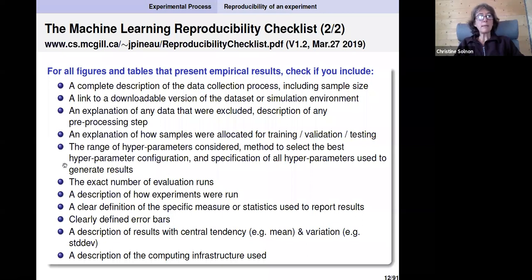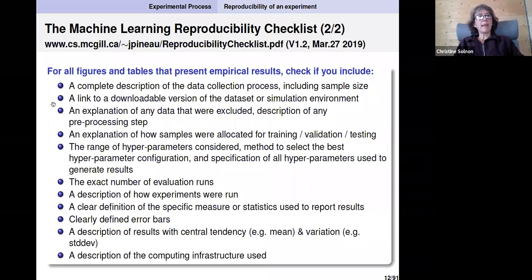Now, the next point is very important. You must explain how you have tuned your parameters, what parameters or hyperparameters, and what method you have used to select the best parameter configuration. You must specify the number of runs and how experiments have been run, what statistics you've used, and of course error bars or box plots and things like that.